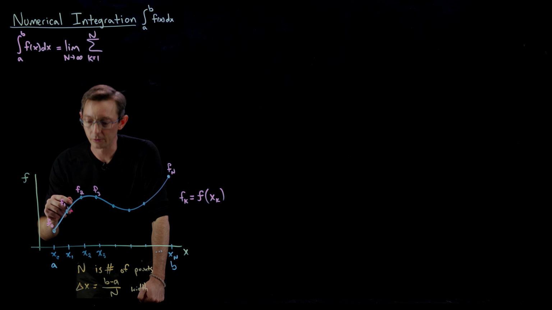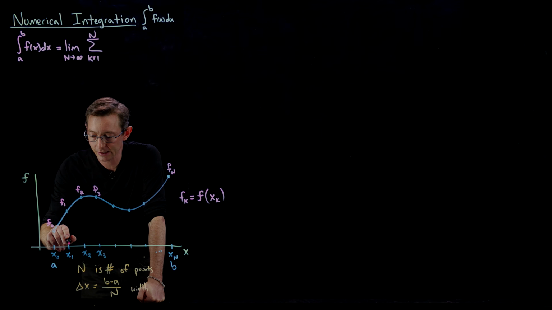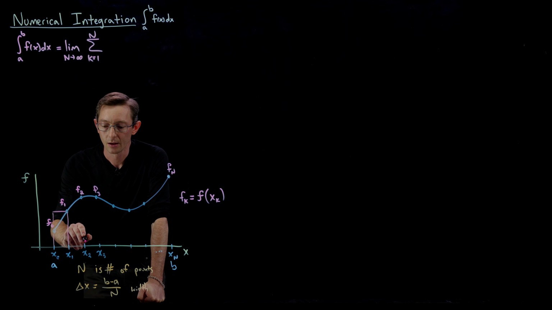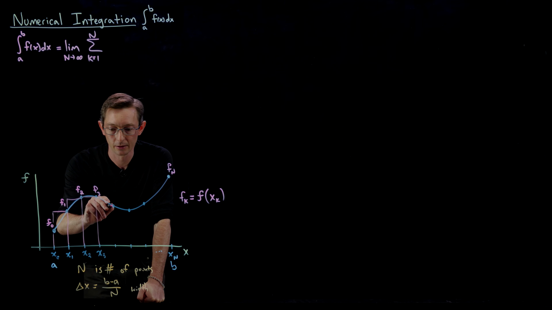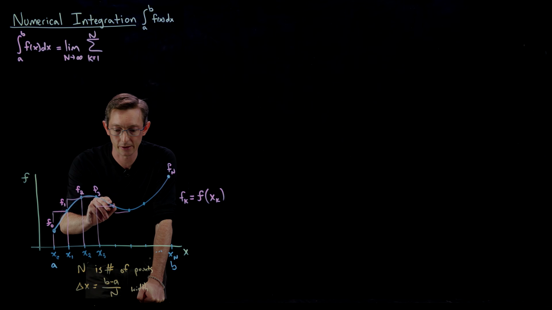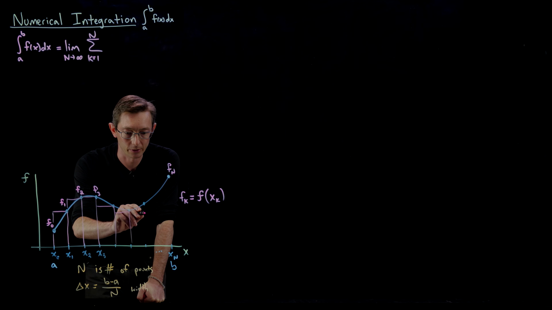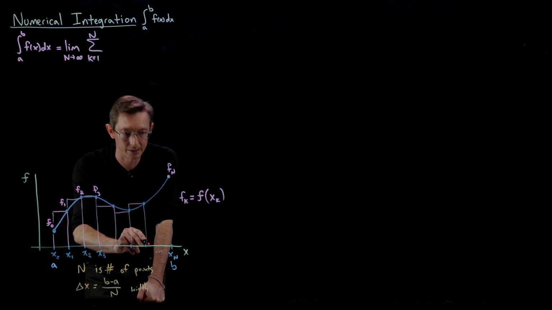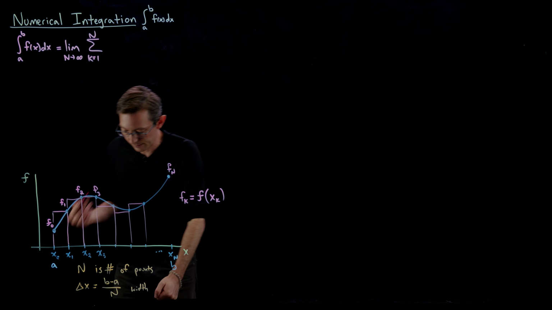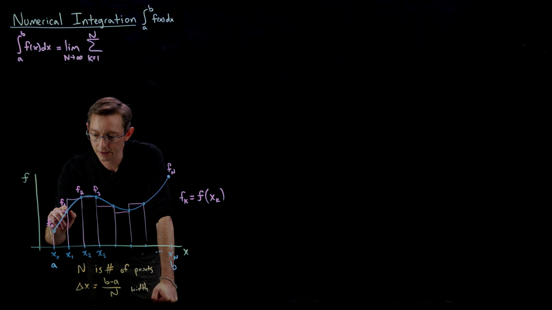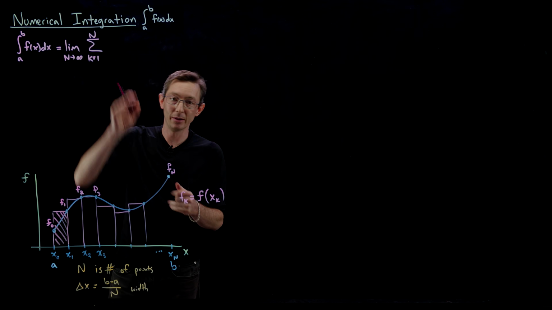So I'm going to say that this is approximately equal to the area of this rectangle here, plus the area of this rectangle, this rectangle, this rectangle, and so on and so forth. So we're literally going to break this up into a bunch of rectangles, compute the area of all of these rectangles, and add these up, and that's going to be our Riemann integral.